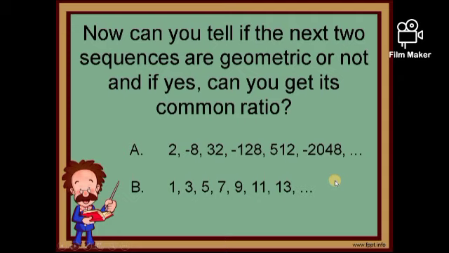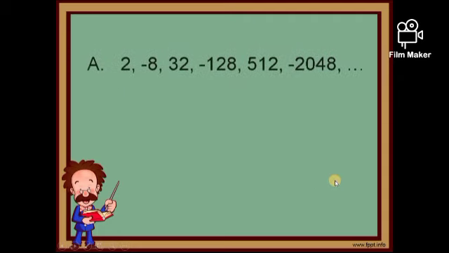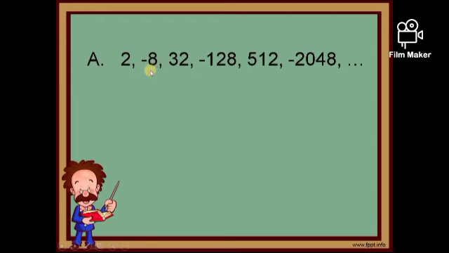Let's have the solution. For letter A, 2, -8, 32, -128, 512, -2048. If your answer is a geometric sequence, well, you're correct. So let's see why. Second term divided by the first term, -8 divided by 2 will give us -4.